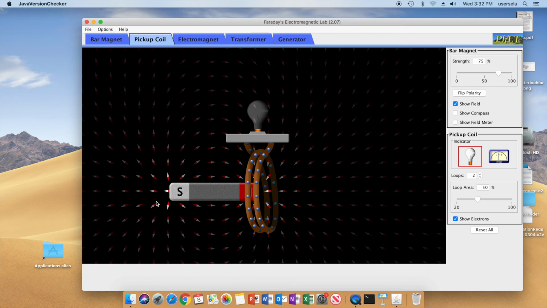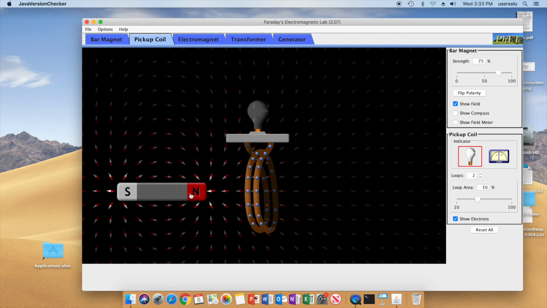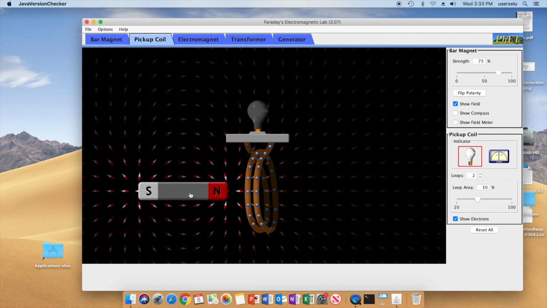This is because inside the loops, the coil itself is making magnetic flux in opposition to the north field lines that are coming at it. The north pole has north field lines heading towards the loop. When I move this towards it, the coil says, no, no, no, you're increasing my north field lines. I want opposition.